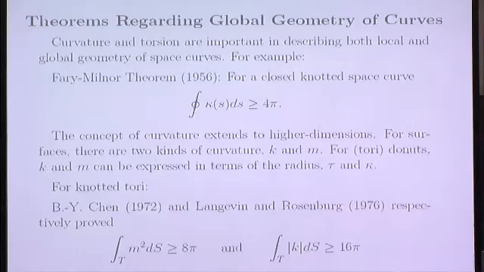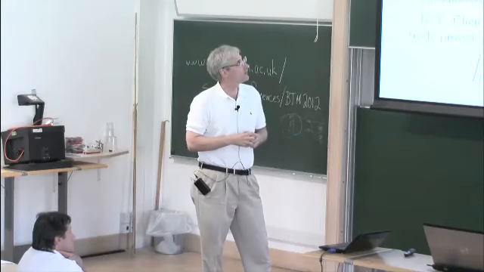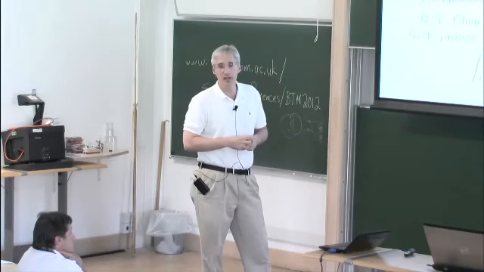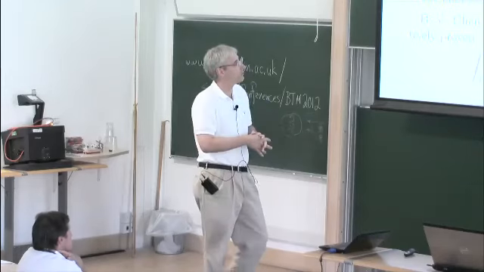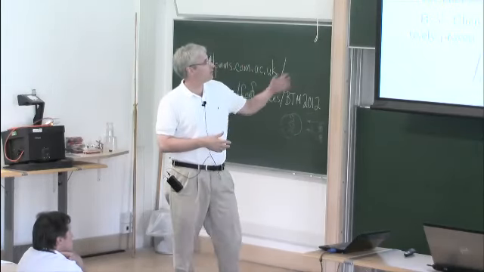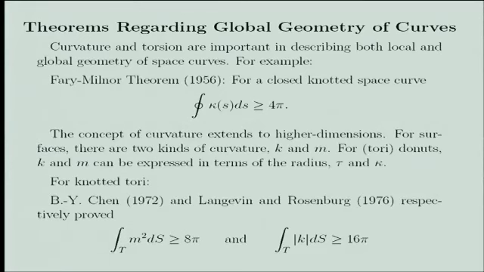Now, this is the most common way to frame a curve, and curvature and torsion certainly have their place in the world. For example, the Fary-Milnor theorem says that if you integrate curvature along a closed curve, and that closed curve has a knot in it, that integral of curvature must be greater than or equal to 4 pi. There are other slightly more recent results on inequalities like this.